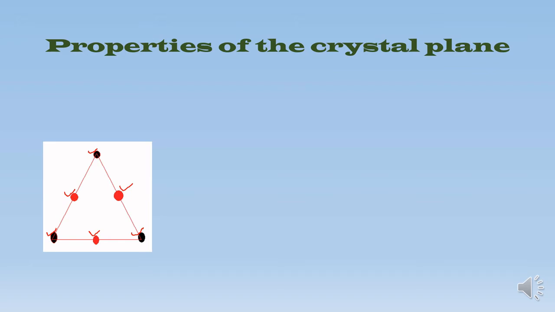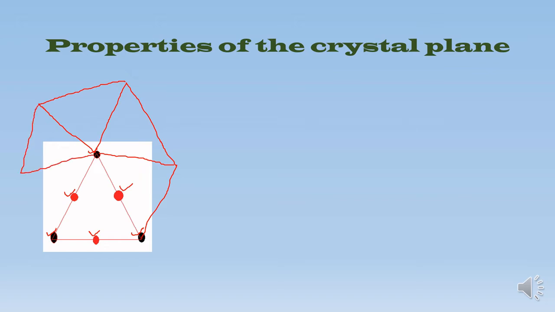Diagonally we can consider another similar type of 111 plane here like this. Another 111 plane here like this. Another 111 plane here like this. Another 111 plane here like this.